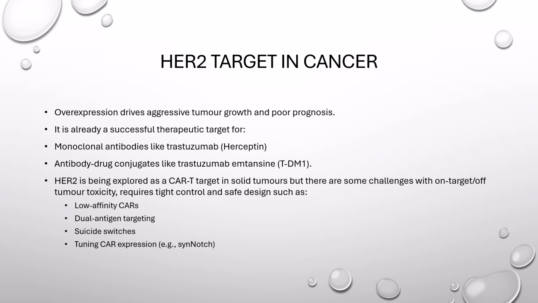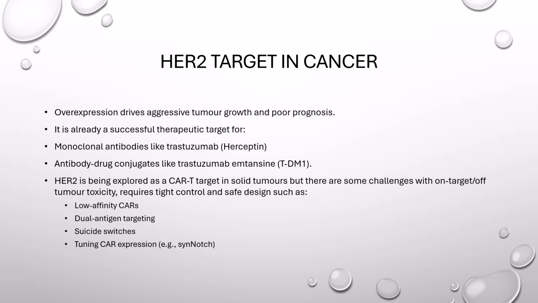The ways we could do that, as I've listed there, are low affinity CARs, dual antigen targeting, suicide switches, and tuning of CAR expression. I'm not going to go through every single one because that's a presentation in itself, in my opinion, but like tuning your CAR expression or the affinity of your CAR.